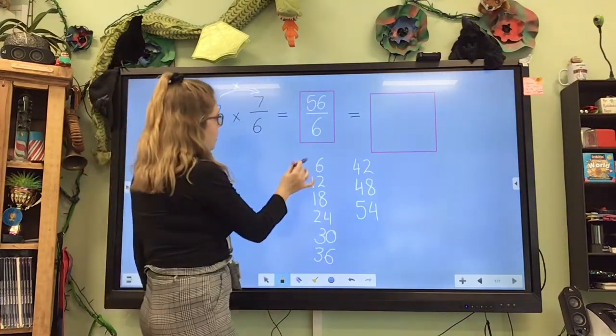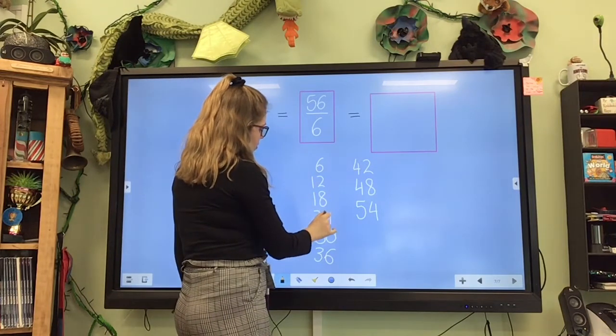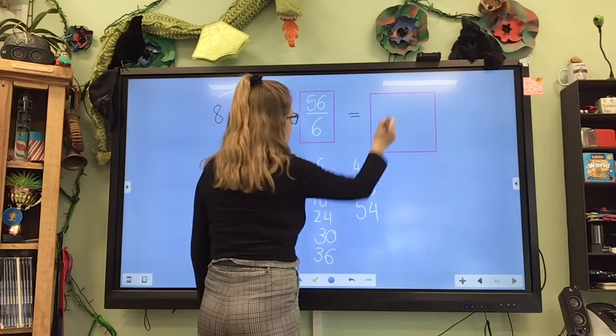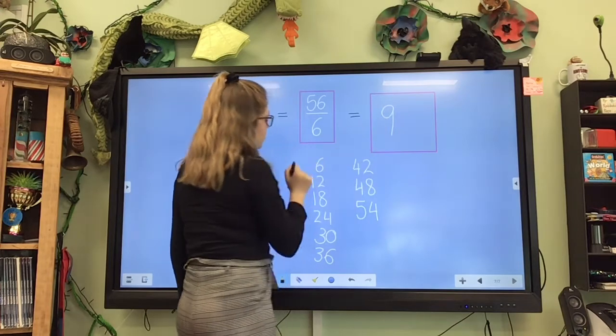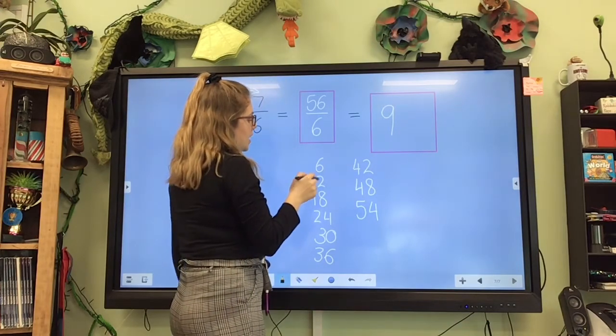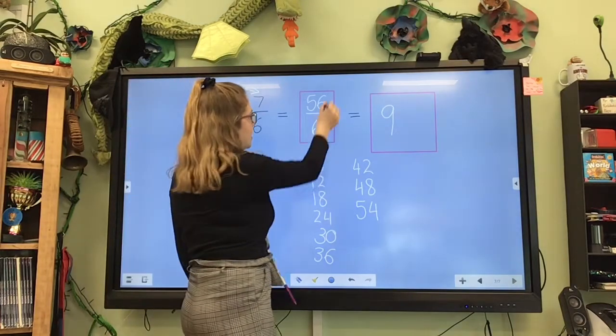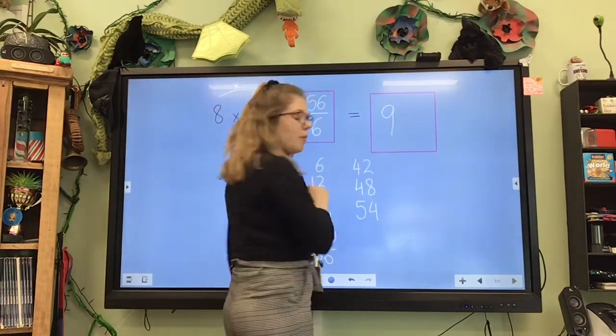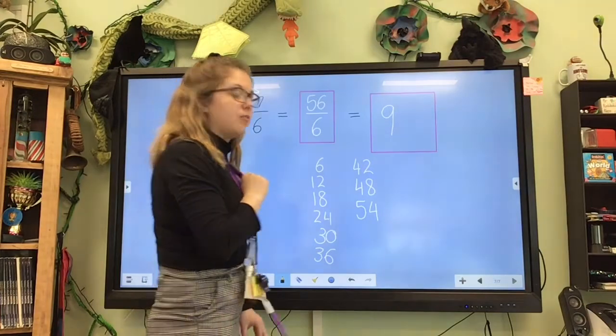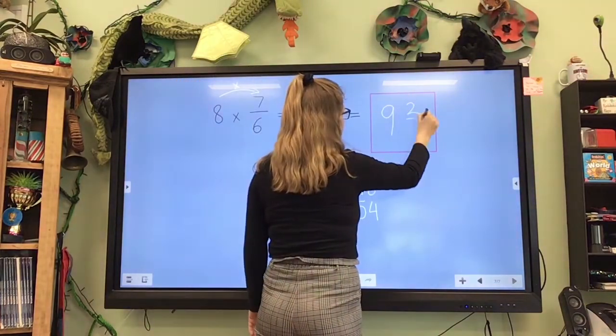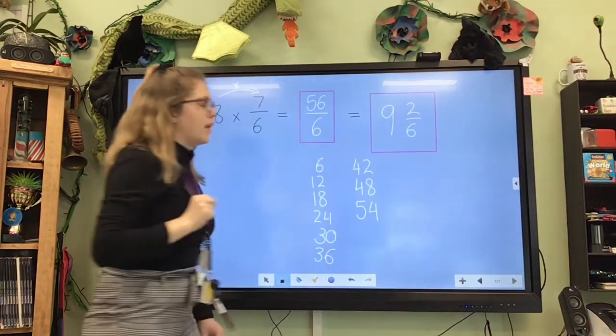So how many lots of 6? 1, 2, 3, 4, 5, 6, 7, 8, 9. 9 wholes. That's 54, but we need to make 56. So how many is left over? What fraction is left over? 9 and 2 sixths, like that.